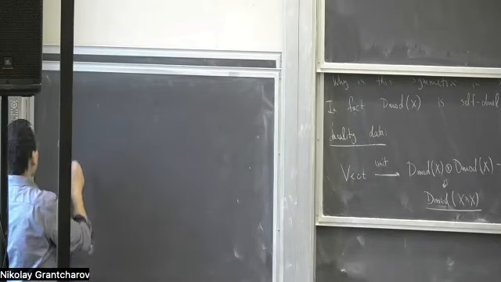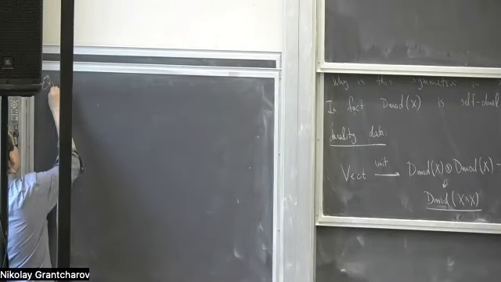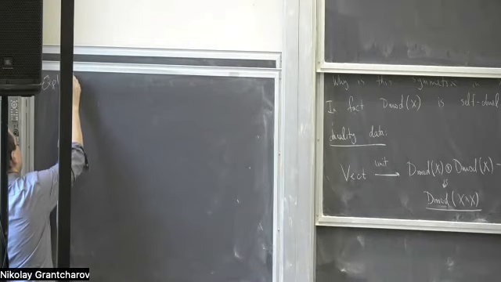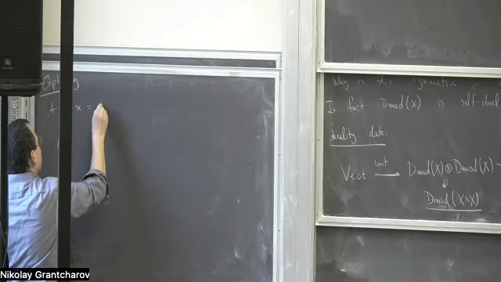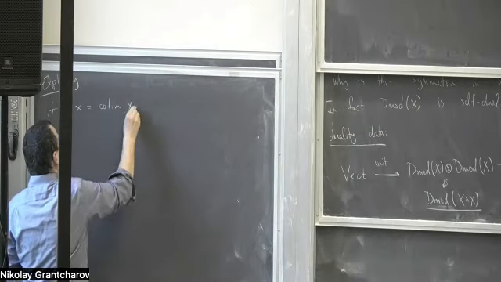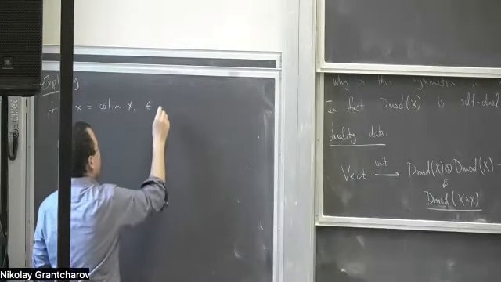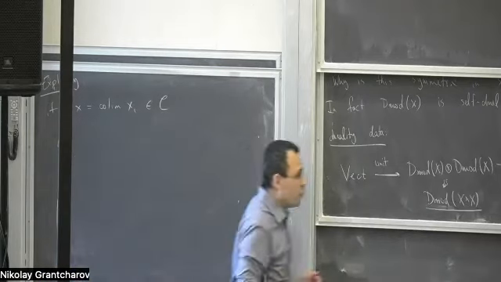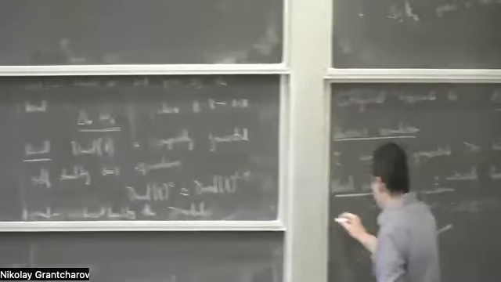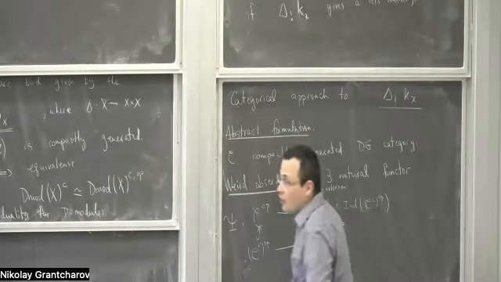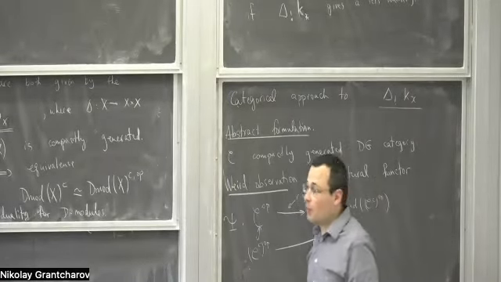So explicitly, X is the colimit of the X_i in C. Let's call the functor psi.